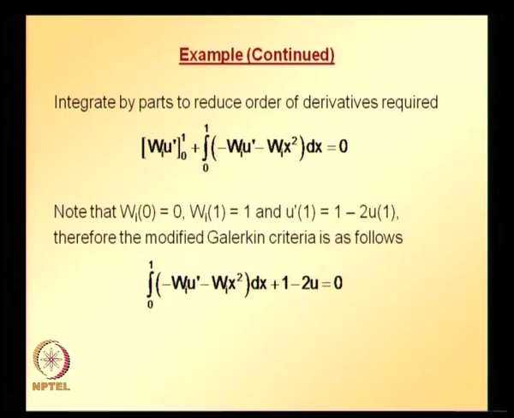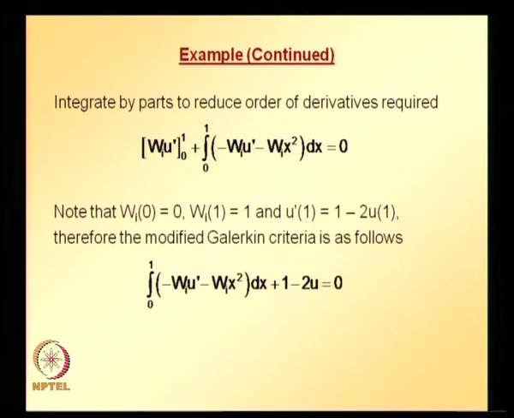Both are functions of x, so I am writing them as wi, where i takes values 1 and 2. Both w1 and w2 evaluated at x is equal to 0 are 0, and wi evaluated at x is equal to 1 is equal to 1, and the natural boundary condition is already given in the problem statement, so the same thing is reproduced here.